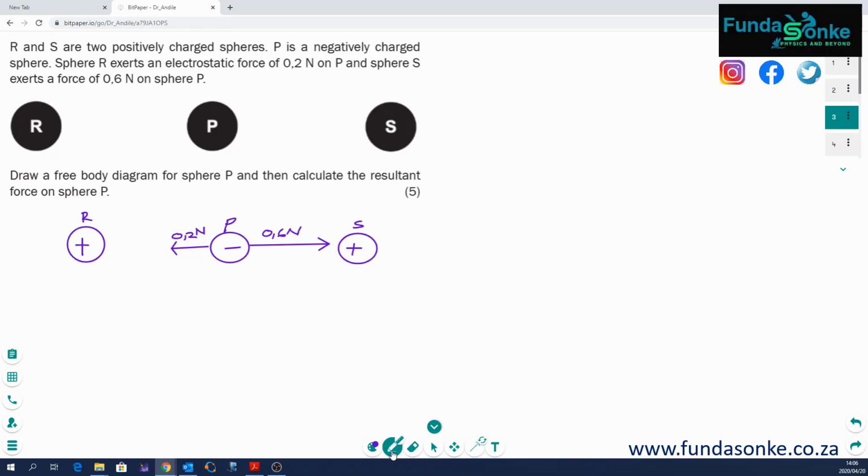Okay, so now this is a force diagram illustrating the forces acting on sphere P.